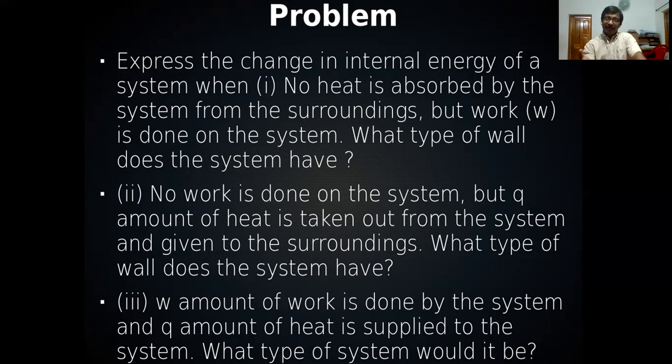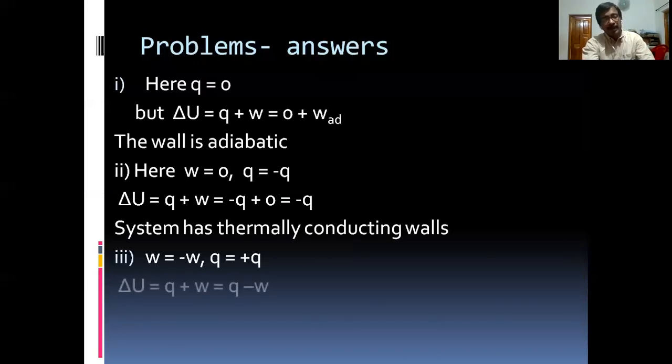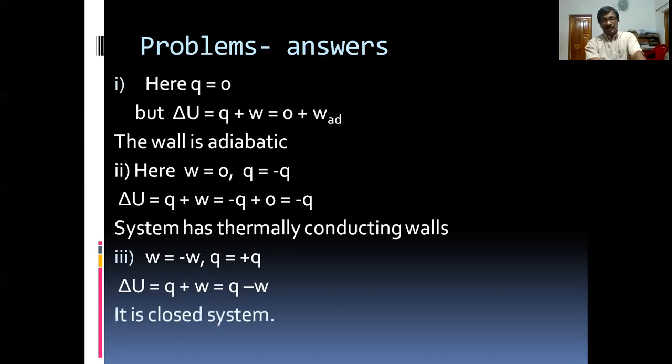There is nothing about the transfer of matter with the surroundings, but there is transfer of energy with the surroundings. So we can say it is a closed system, and delta U is equal to Q plus W. Q is positive and W is negative, so delta U is equal to Q minus W, and the system is a closed system.